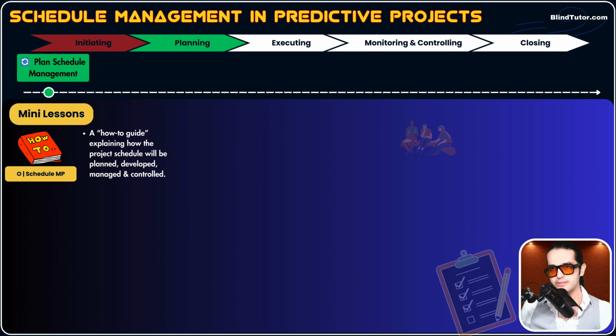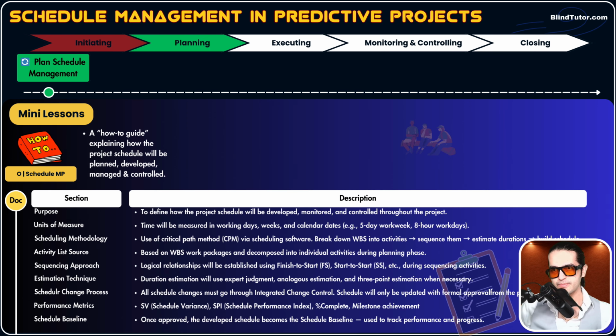So a typical schedule management plan for a common predictive project could have these sections. Section 1 is purpose. Why do we have this plan? We have it to define how the project schedule will be developed, monitored, and controlled throughout the project. And the next section is units of measure. So how many hours is each working day? For example, 8 hours.